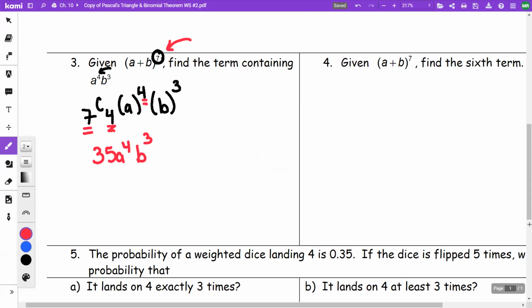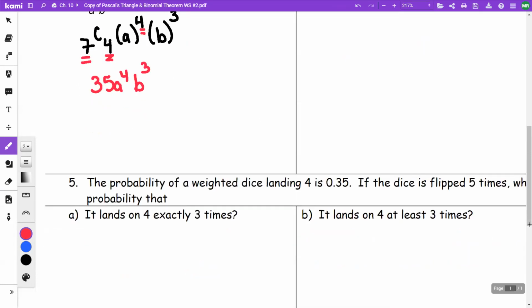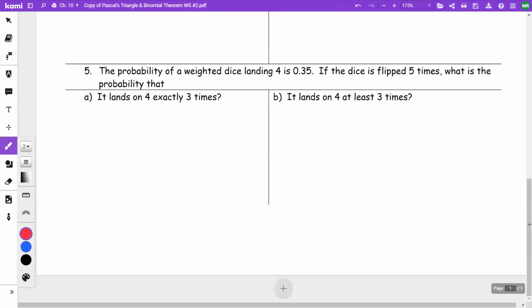Now on number 5, this is going to be dealing with the binomial probability we were dealing with the other day. So the probability of a weighted dice landing on 4 is 0.35. If the dice is rolled 5 times, what is the probability that it lands on 4 exactly 3 times?